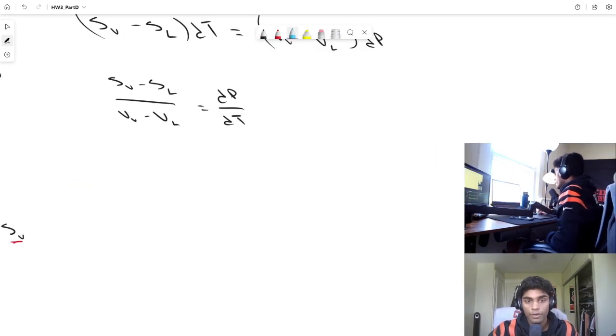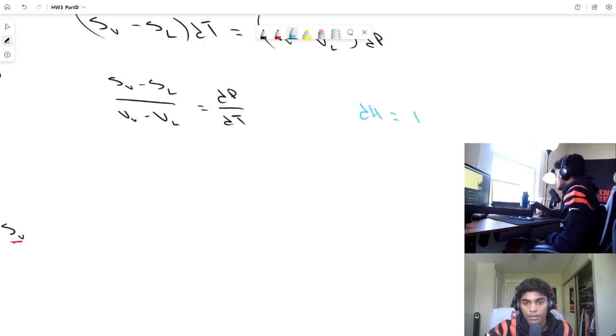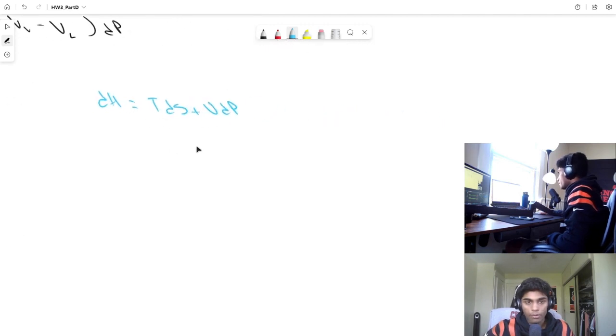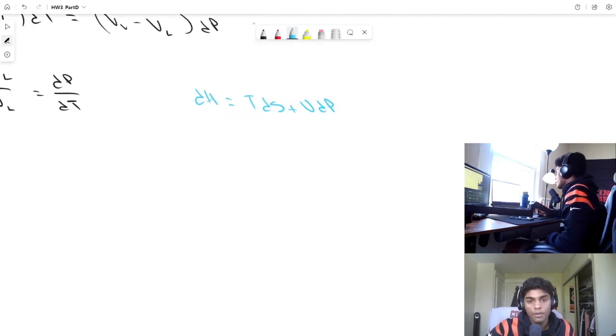So now to derive the next part, we have to take a look at the enthalpy equation. So that is TdS plus VdP. Now remember that we had defined the change in our pressure as 0. So what we're really left with is dH and TdS.